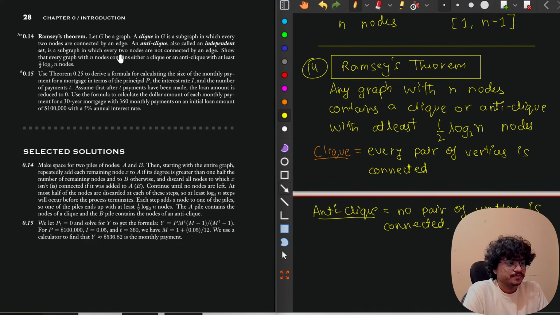Don't you think we already have that formula?